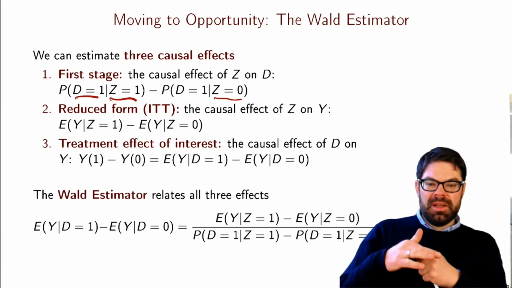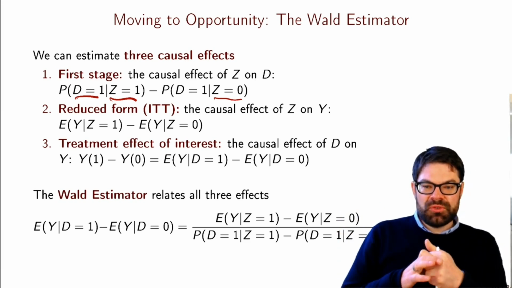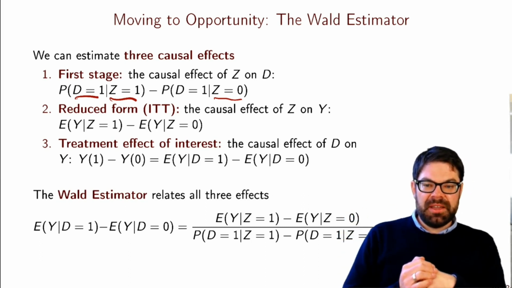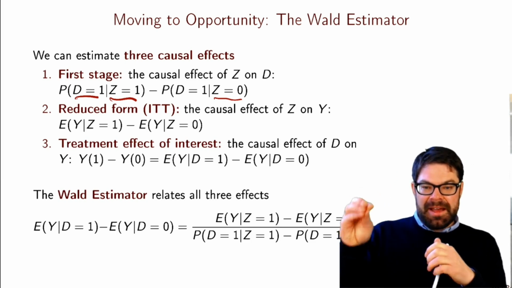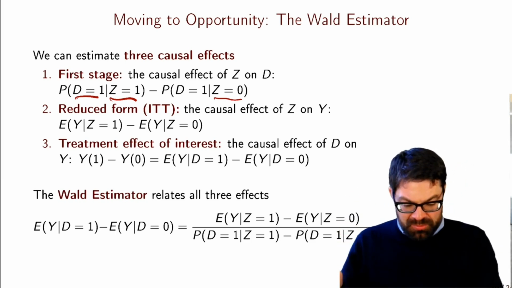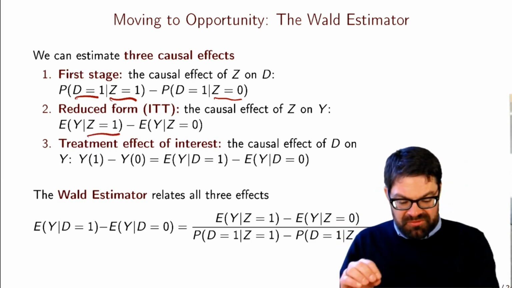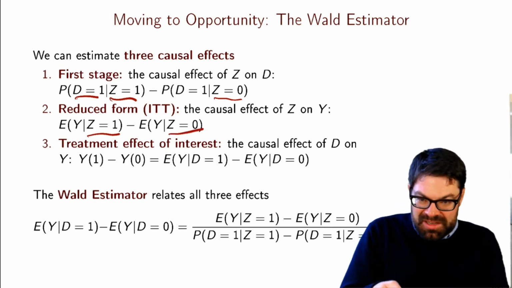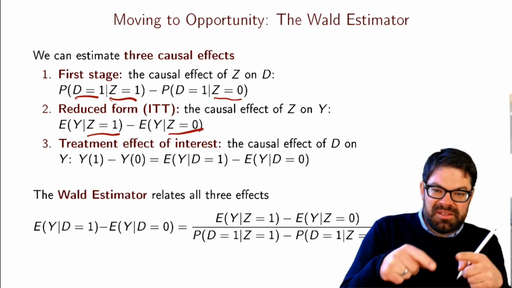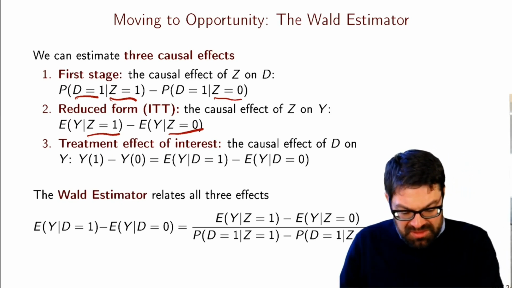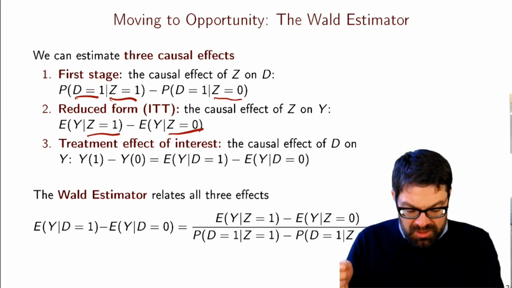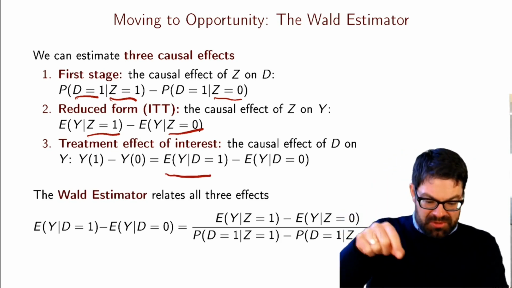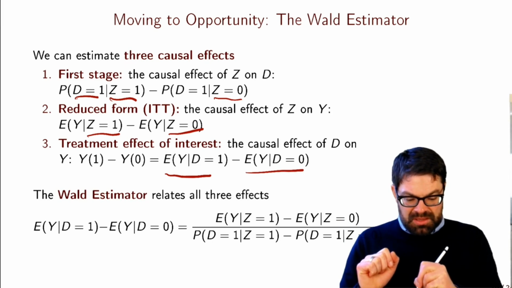Then we can look at the reduced form, which is the intention to treat effect, which is what is the average outcome of people who received a voucher versus those who did not. Okay? But what we're actually interested in, the treatment effect of interest, is not who received the voucher and who doesn't, but what is the average outcome of those people who moved versus those who didn't.